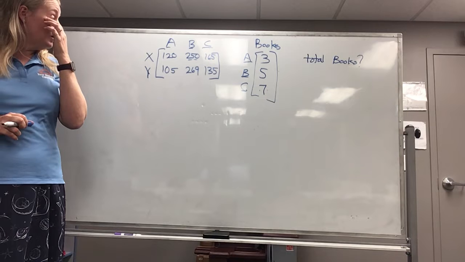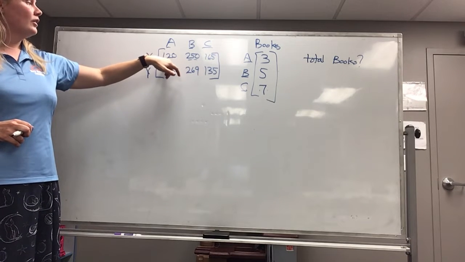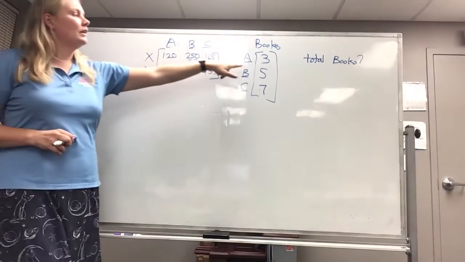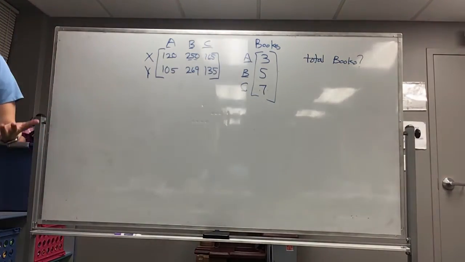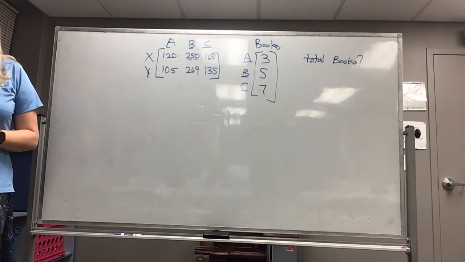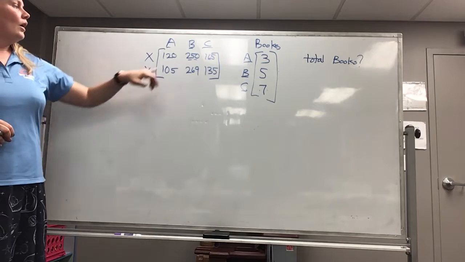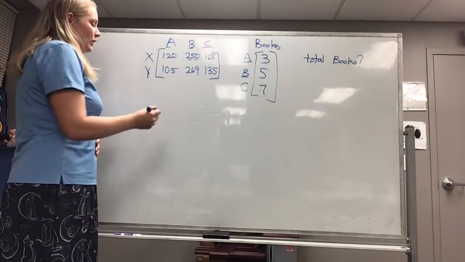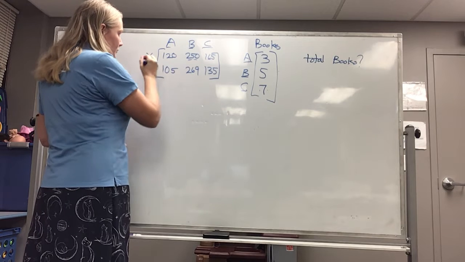If you start thinking about it, well, first semester, if there's 120 students and course A needs 3 books, I'd be taking 3 times 120. And so that right there is going to tell us it's a multiplication problem.